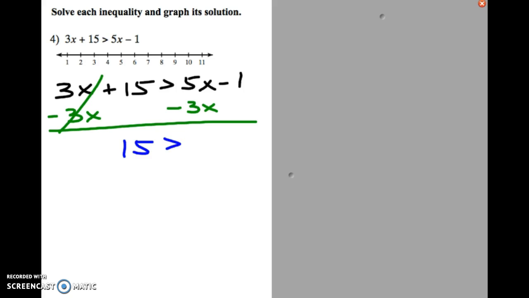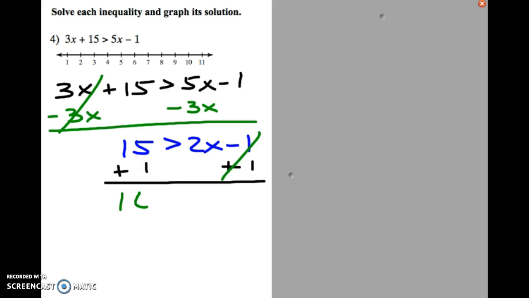5x minus 3x will be 2x. Next, we know we would add the 1. Divided by the 2.